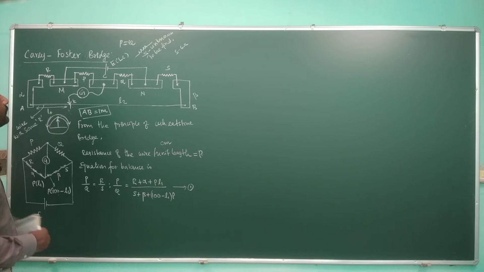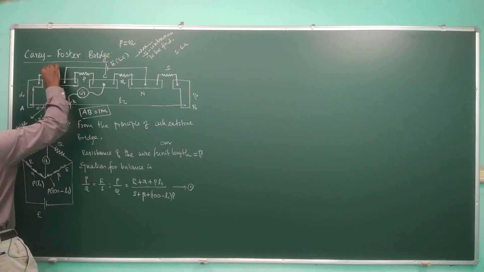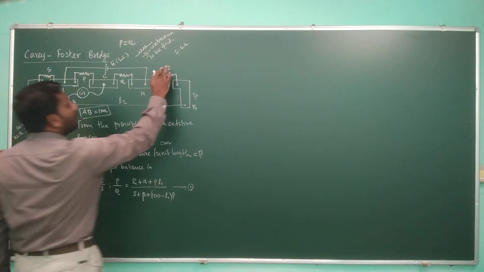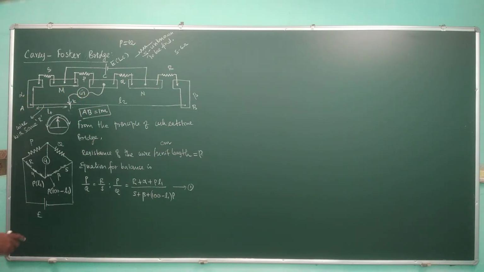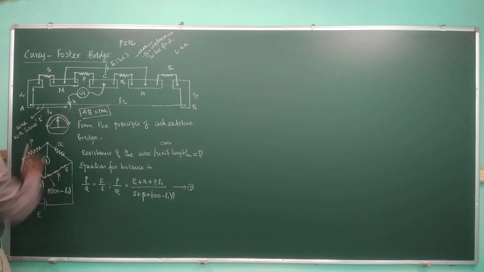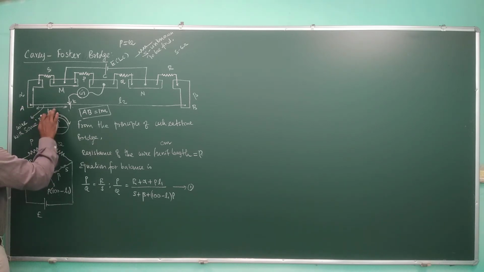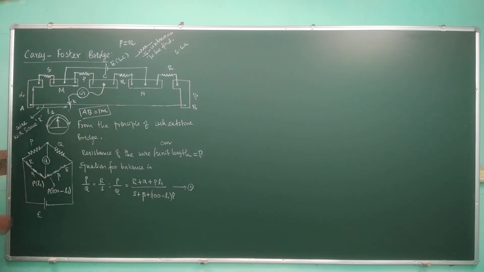Now, what we are going to do is interchange these resistances. So the unknown resistance is brought to the left side and the known resistance is brought to the right side. Now, again, we are going to slide this marker key from left to right. This time, it won't give the balance at the same L1. Rather, it will give it at some point L2.